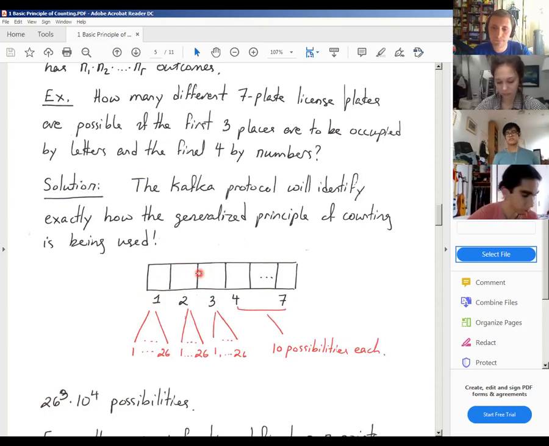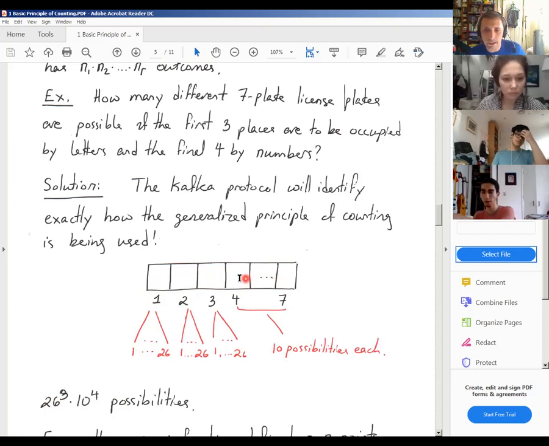Good? And what about the remaining places? The remaining places are each 10 possibilities. 10, 10, 10. How many 10s? There are 7 minus 4 plus 1, which is 7 minus 3, or 4 places. So it's 10 to the 4.